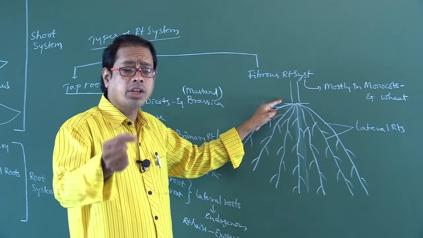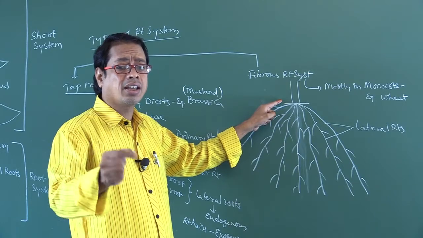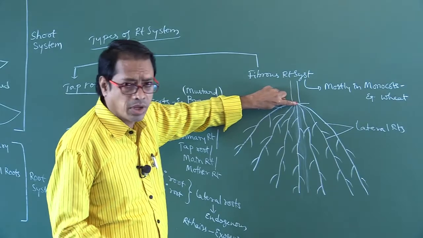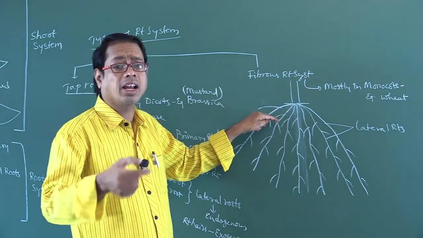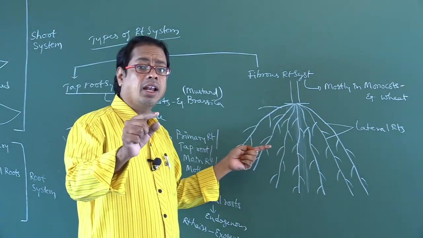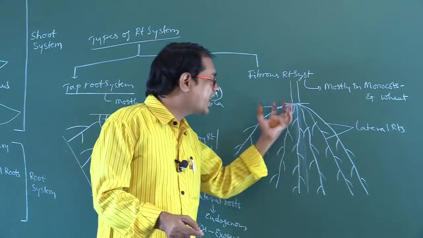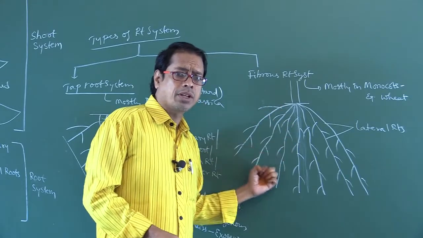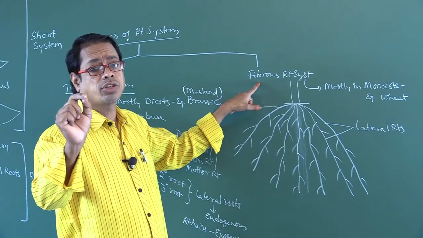So what does fibrous root system mean? The root system that is developed from other than the radicle. Here this is the base of the stem; all these lateral roots are developed from the base of the stem and appear as a cluster of fibers, group of fibers, bunch of fibers. That type of root system is called the fibrous root system.